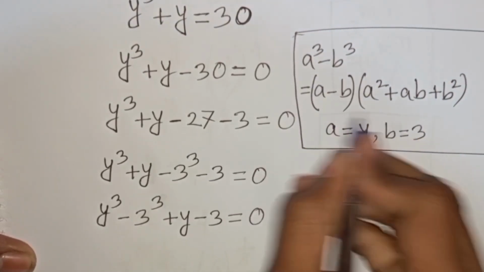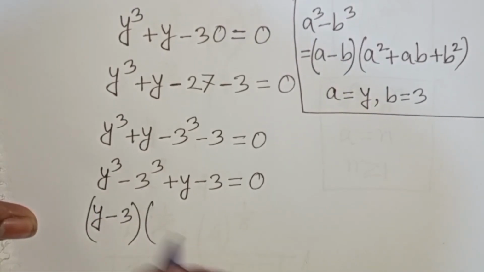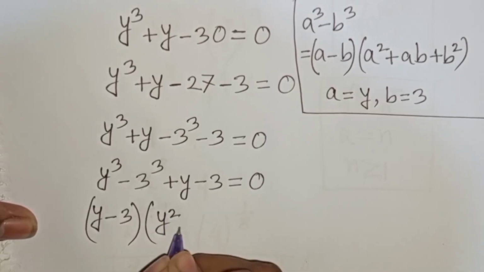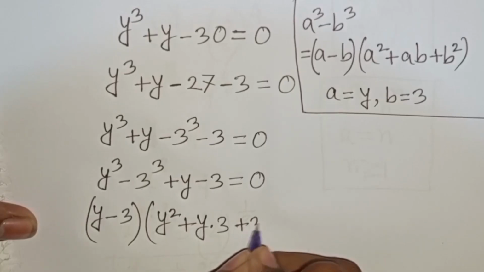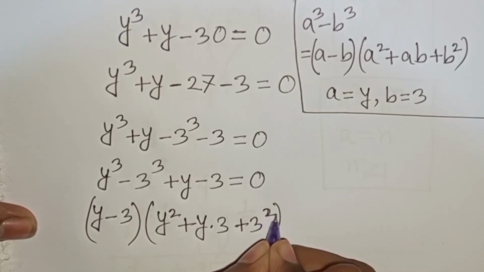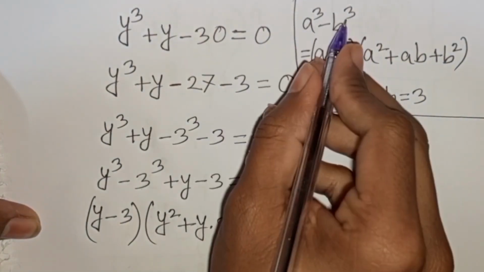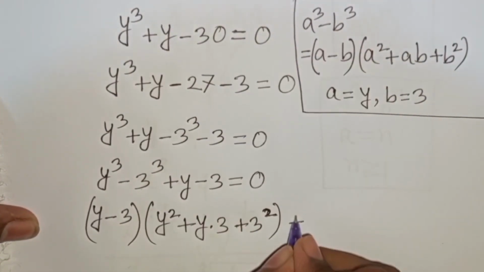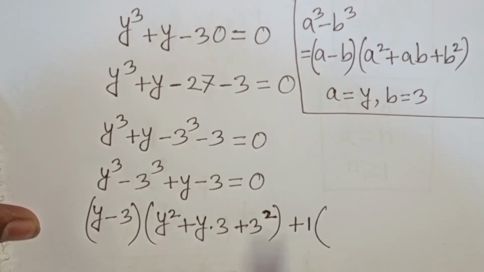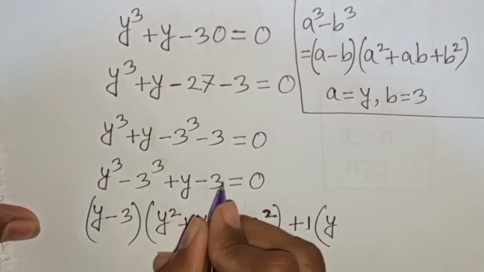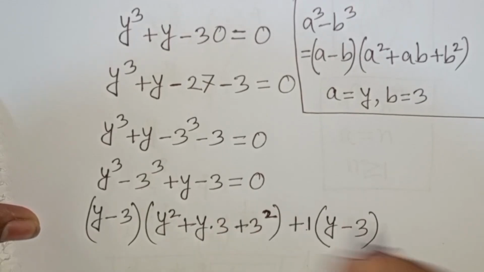So I can write here y minus 3 times y square plus y times 3 plus 3 square. That means this is the formula of a cube minus b cube. Then plus, here we take common, plus 1 is common, so plus 1 is out of the bracket, so this divided by this, that means it will be y minus 3 divided by plus 1, that means it will be minus 3, then bracket close is equal to 0.